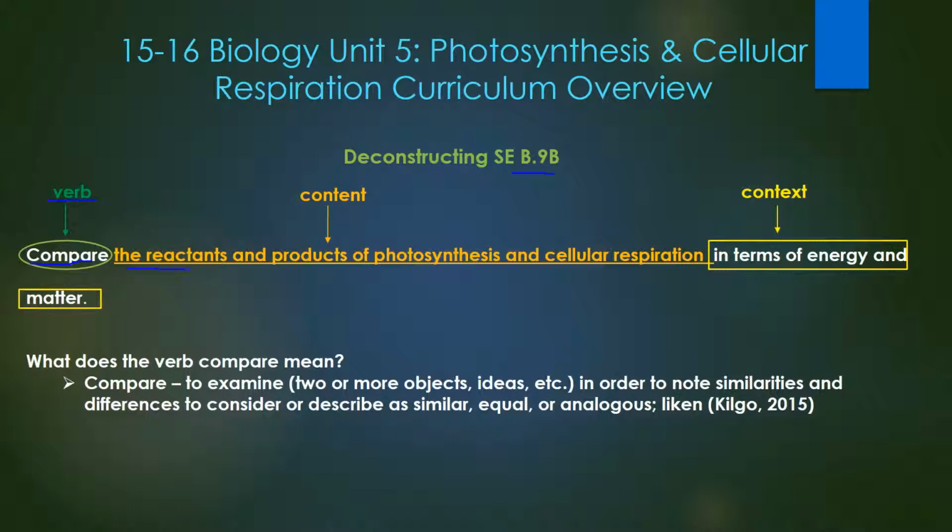We are comparing the reactants and products of photosynthesis and cellular respiration. So that's our content, and I have put it in gold, but you will underline your content. And then in what context? Well, we're going to compare the reactants and products of photosynthesis and cellular respiration in terms of energy and matter.